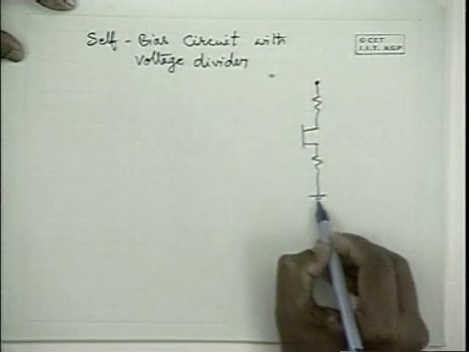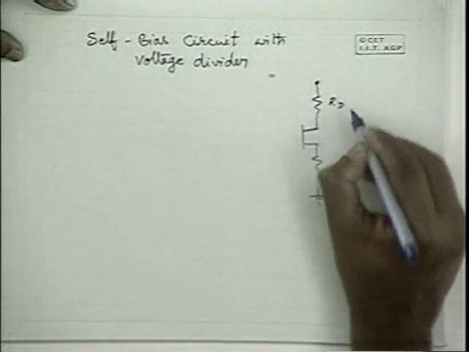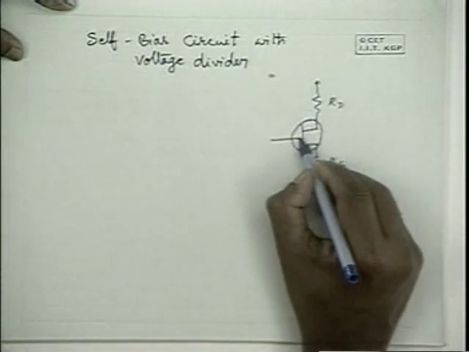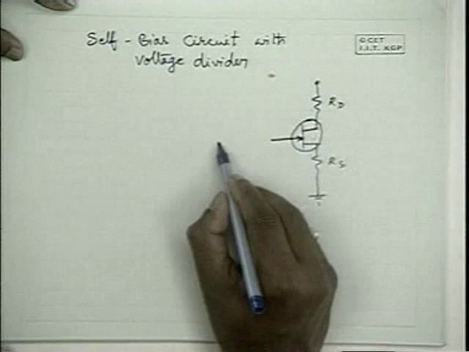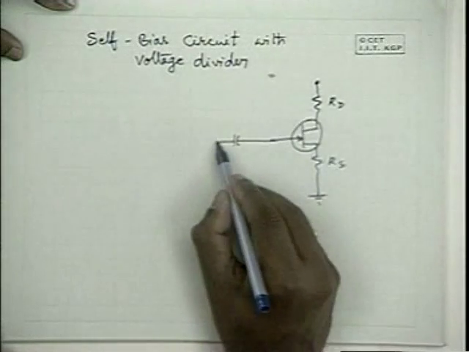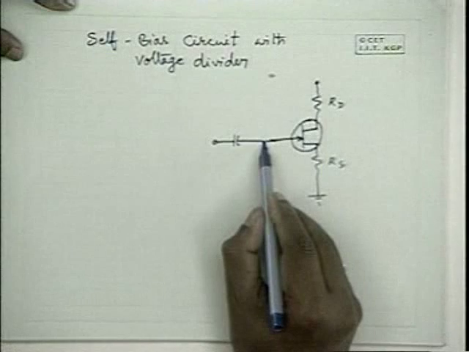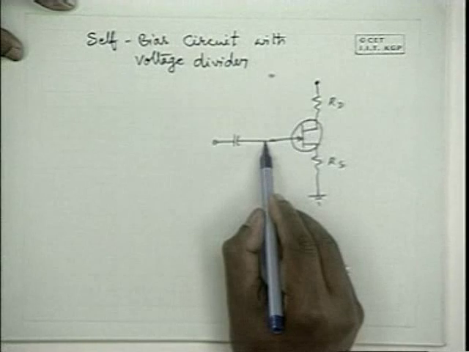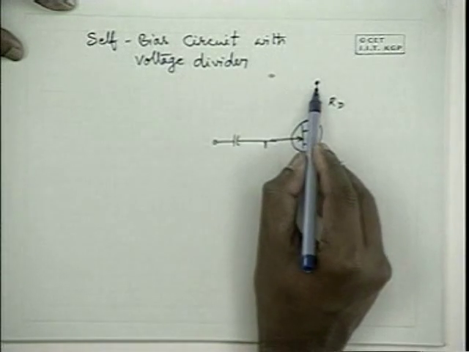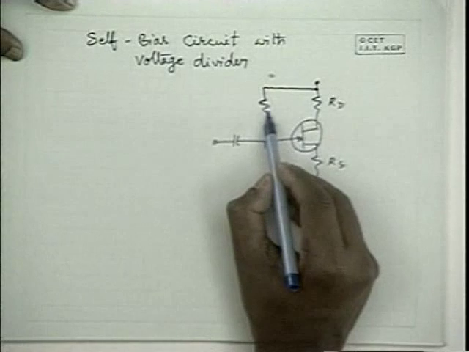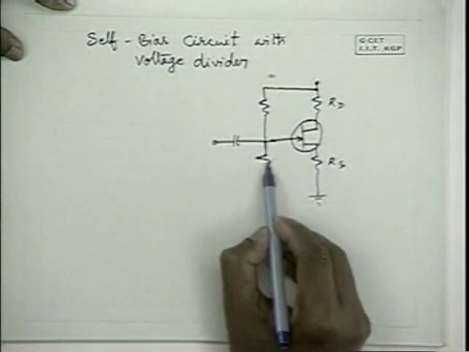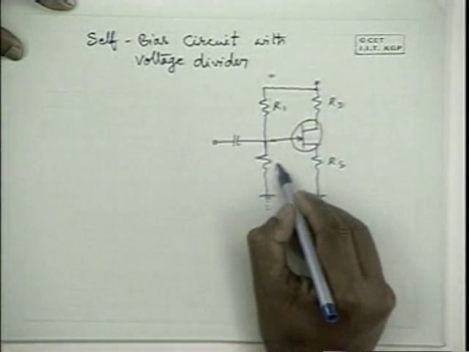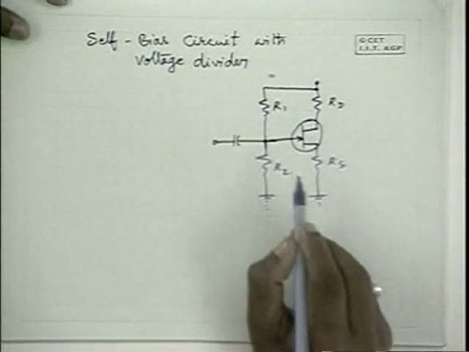Since it is also a self-bias circuit, naturally we use an RD and an RS. Now, instead of an RG here, what we do is divide VDD by two different resistances, R1 and R2, and then apply it to the gate.